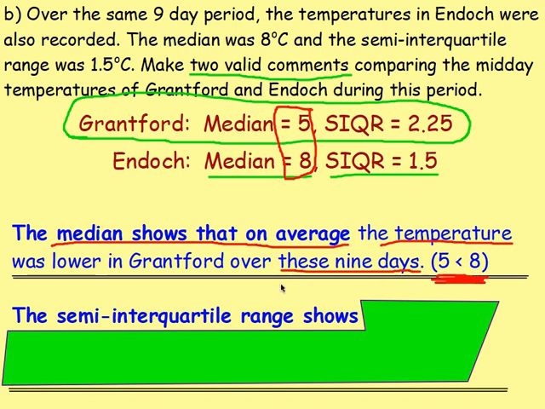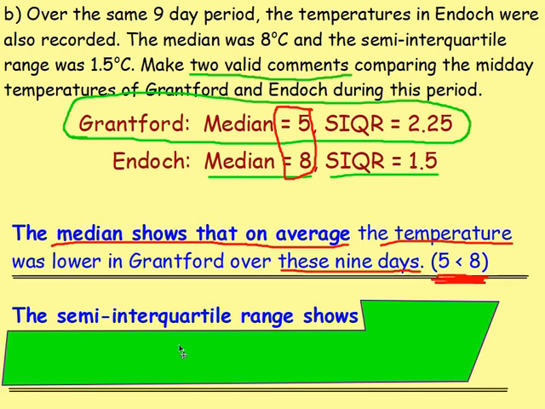And for the second mark, you would get a mark for talking about what the semi-interquartile range shows you. So, what does the semi-interquartile range show you? Brilliant. The range, just the highest minus lowest, shows you the spread of the data. But remember, it's not that accurate because you could get outliers which put the data off ever so slightly. You could have one number that's far lower than all the others, or a number that's far bigger, so it doesn't give you a very accurate measurement of the spread of the data.